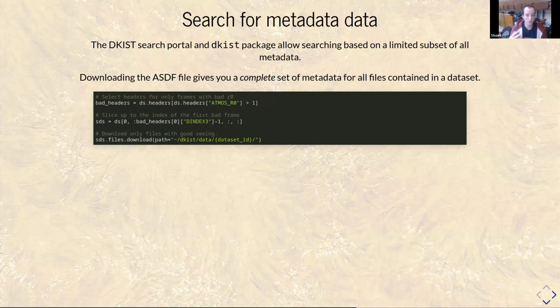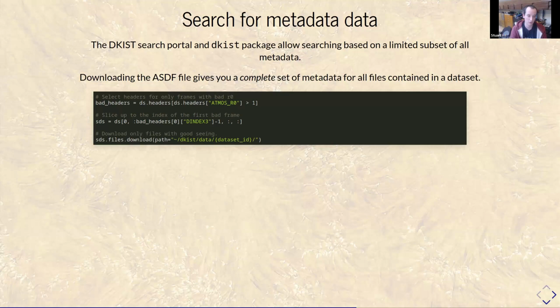And then if you are interested in, say, some of that data set, like say in this code example here, the seeing goes really bad halfway through the data set. So we use the header key that stores the seeing, like a measure of how good the seeing is, the Fried parameter, and we use that to slice the data set almost in half.